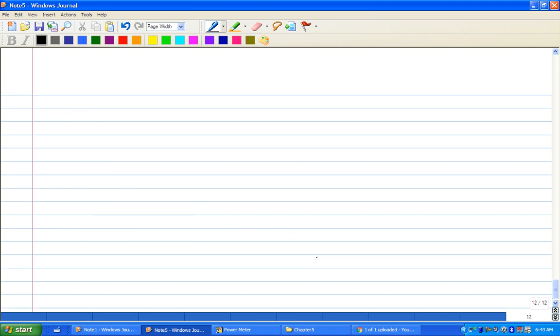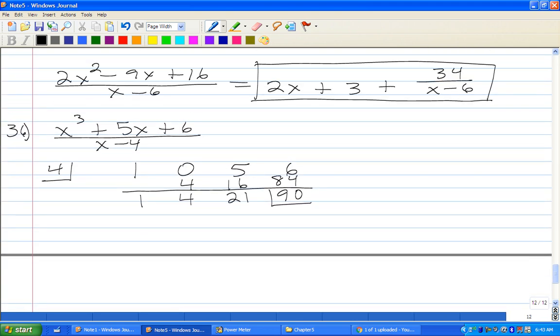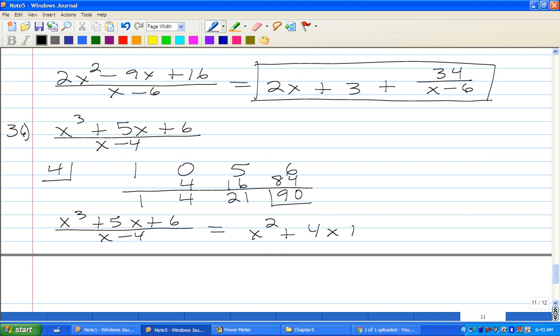And so my answer is x cubed plus 5x plus 6 over x minus 4 is equal to, I start with x cubed, so I'll have 1 degree less, x squared plus 4x plus 21 with a remainder of 90 over the divisor x minus 4. And that is your answer.